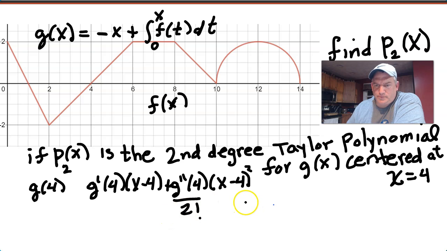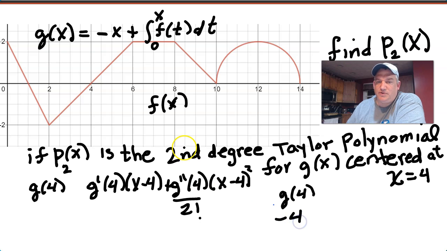So, in a previous video we found g of 4, but let's do it again, right? g of 4 is going to be negative 4 based on my rule for negative x, plus the integral from 0 to 4 of f of t dt.